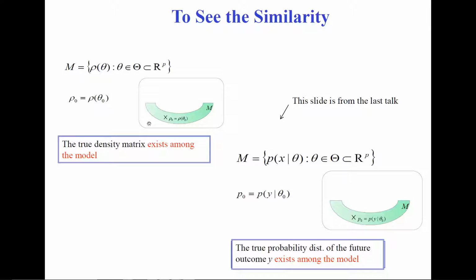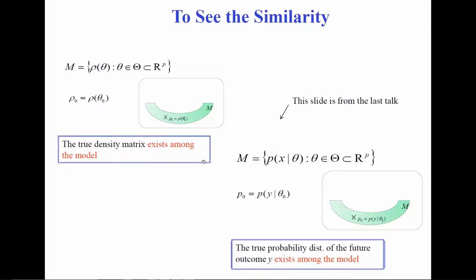And we assume that the true quantum system is on this green sphere, which denotes a quantum statistical model, or parametric family of density matrices. So the true state is specified by theta 0, or shortly rho 0, on the surface of the sphere.